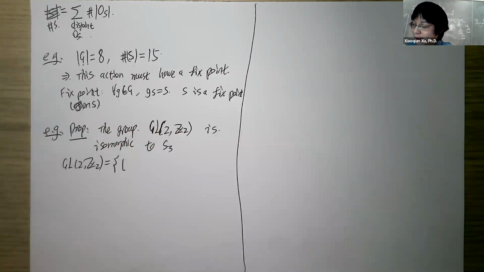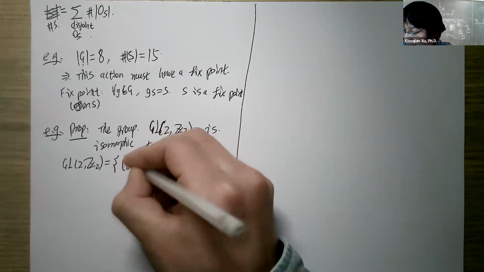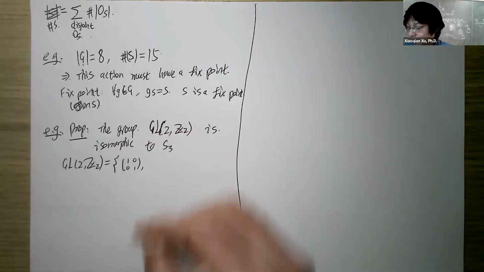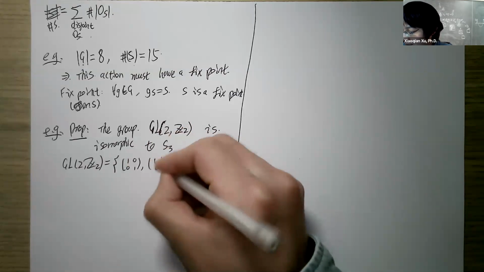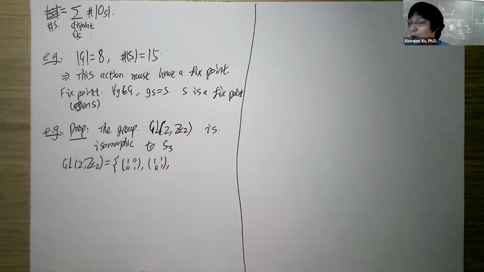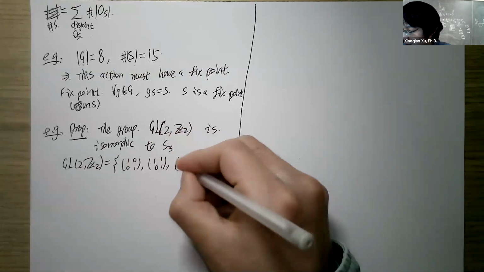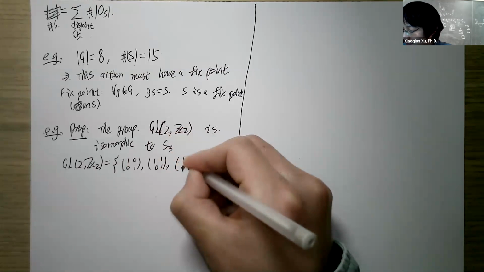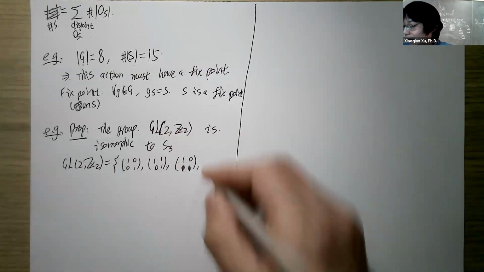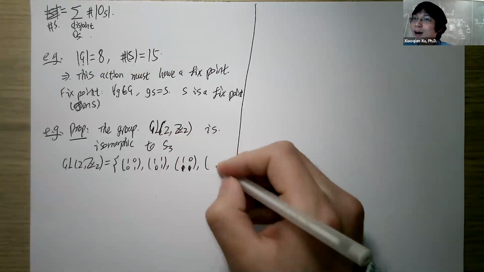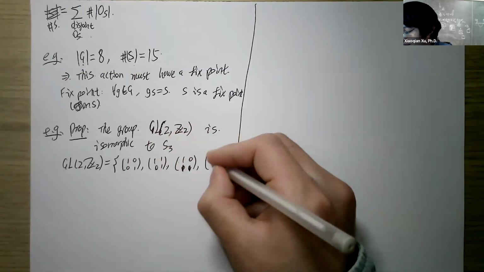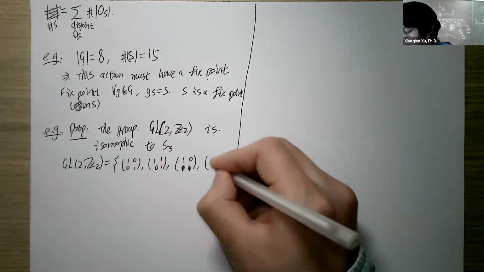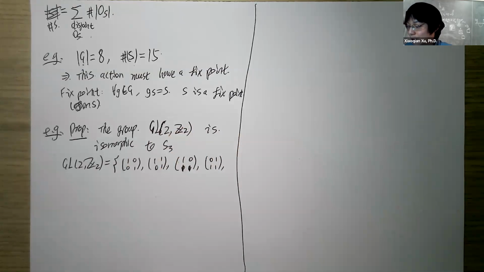So you only have finitely many options. For instance, you have this identity matrix. You have this, not the identity matrix, but with an additional 1 here. Maybe this 1 could be here. And you cannot have both be 1 because it's not invertible, but you could have something like this, right?